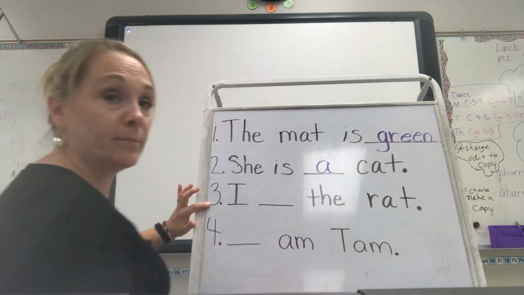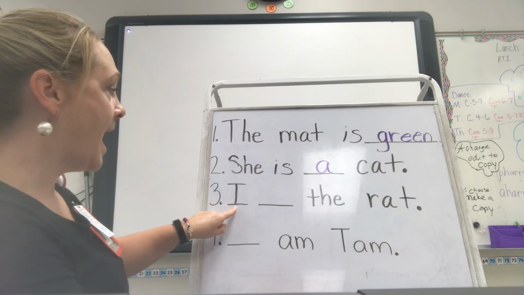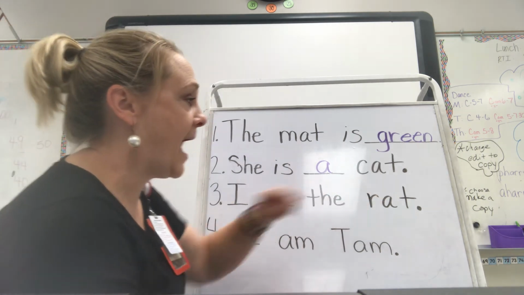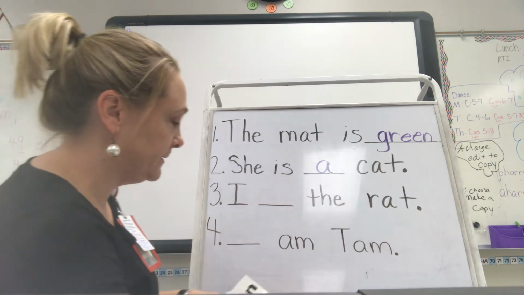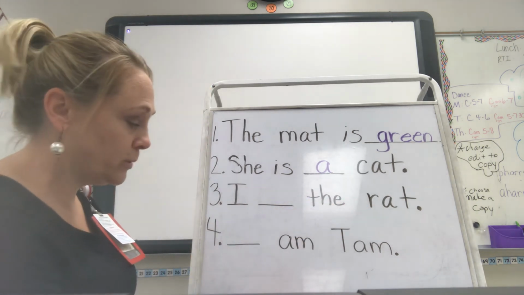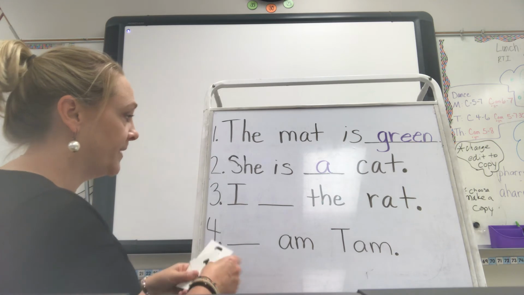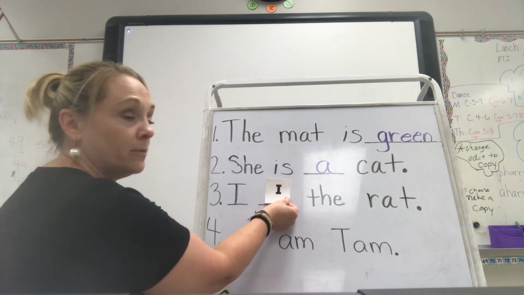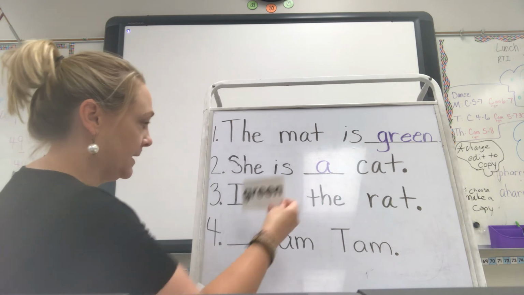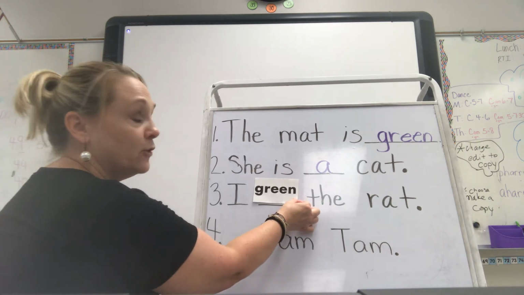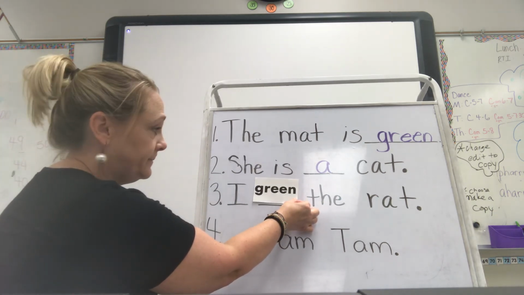All right, down to number 3. I blank the rat. What would go well? Which word would go well to complete this sentence? I I the rat. I green the rat.